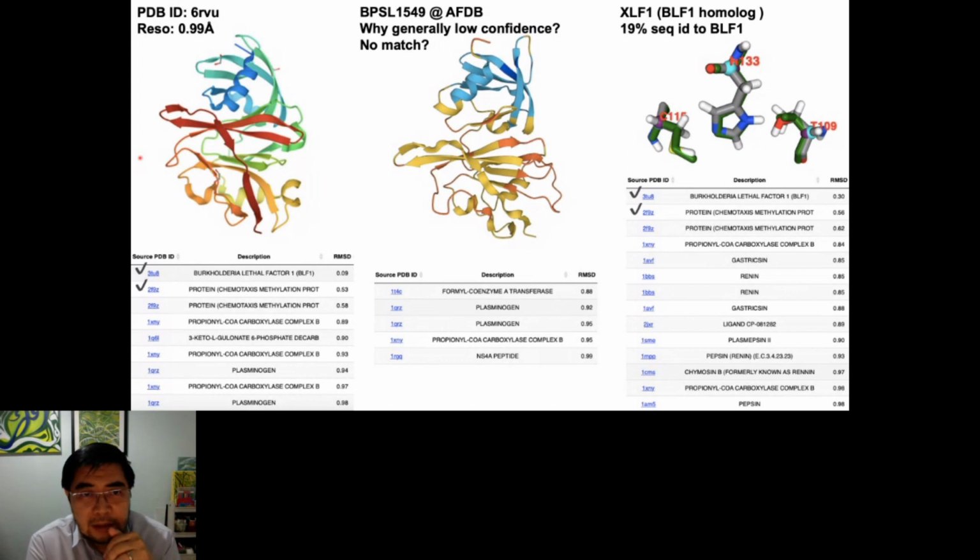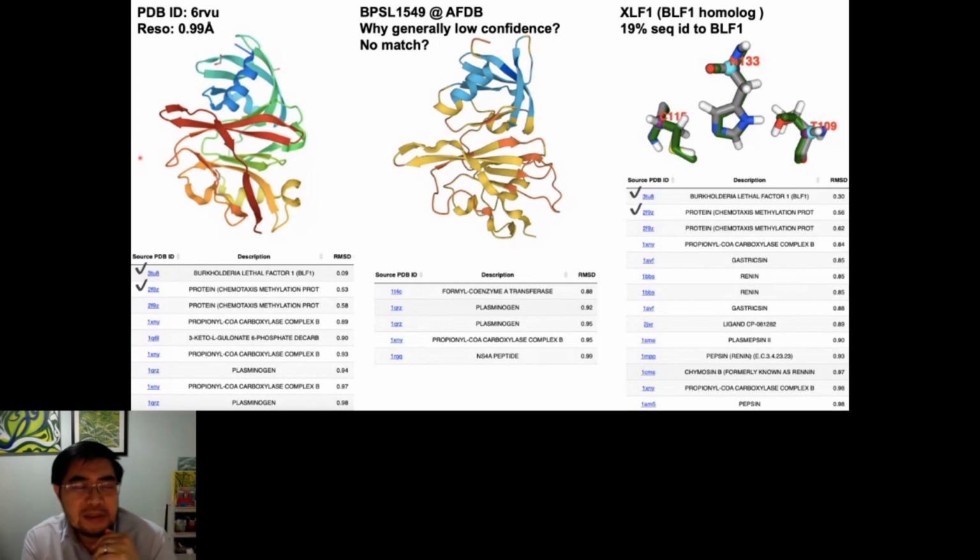Okay. And in the middle panel here, what you can see labeled is BPSL1549 from the AFDB database. If you're familiar with how AlphaFold calculates the reliability or confidence of these structures, the darker the blue shades, the higher the confidence, and as it goes to yellow and amber, the lower the confidence of the pLDDT values is.